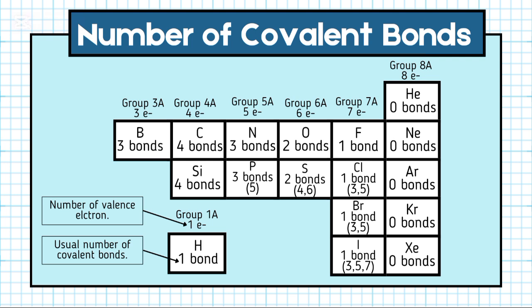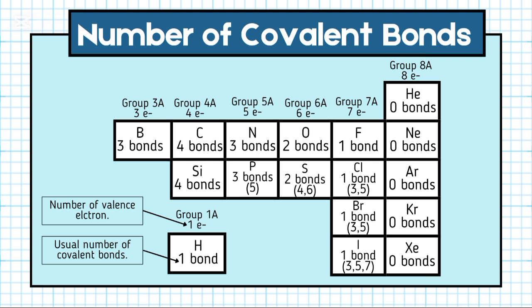The next one is group 4A, which of course has 4 valence electrons, and carbon has 4 bonds, silicon 4 bonds. Group 5A has 5 valence electrons, and nitrogen has 3 bonds, and phosphorus has 3 bonds, but there are also some exceptions, where sometimes phosphorus can form 5 bonds.